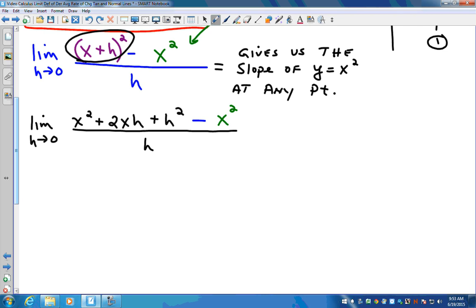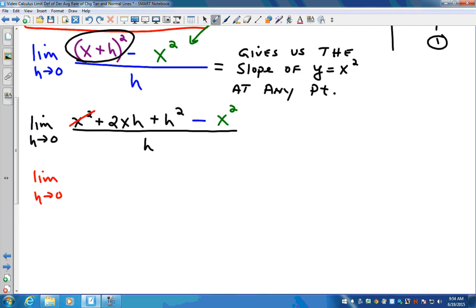How do you feel about that? Is that okay? You want to plug in 0 for h? Yeah, that would be a bad idea, because if you plug 0 in for h, you would still get 0 over 0. So, not going to work. But let's keep doing some more algebra and see what happens.